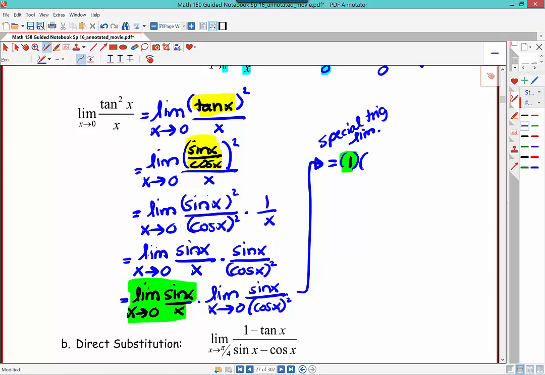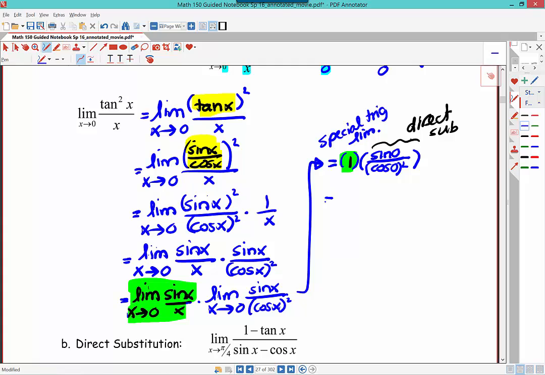And then times sine at 0 over cosine at 0. Sorry, that's a 0, not theta. Sine at 0 over cosine at 0, the quantity squared. And this is by direct substitution.